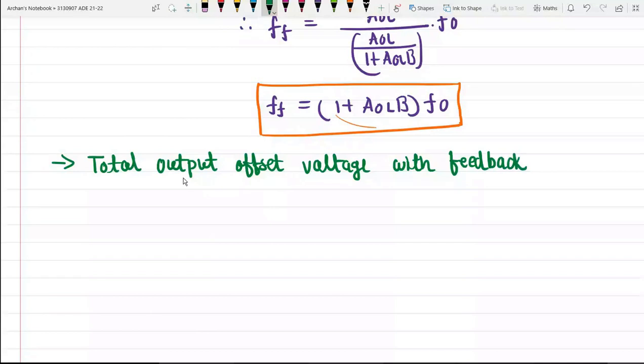What we know about output offset voltage is, it is the voltage available at the output when input is 0. And what is the reason? Because of the input offset voltage and input offset current.